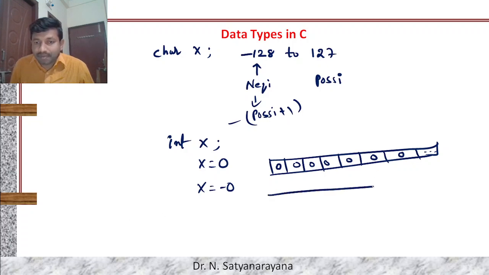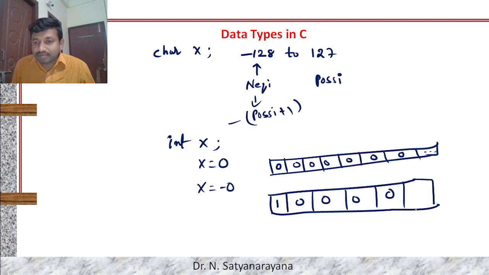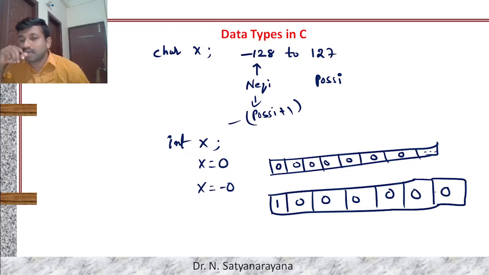In fact this is practically not possible, but what I can do is, let me write. Because it is negative, the sign bit should be 1 and the remaining all will be zeros. This is a special case. Let me shortcut these zeros.